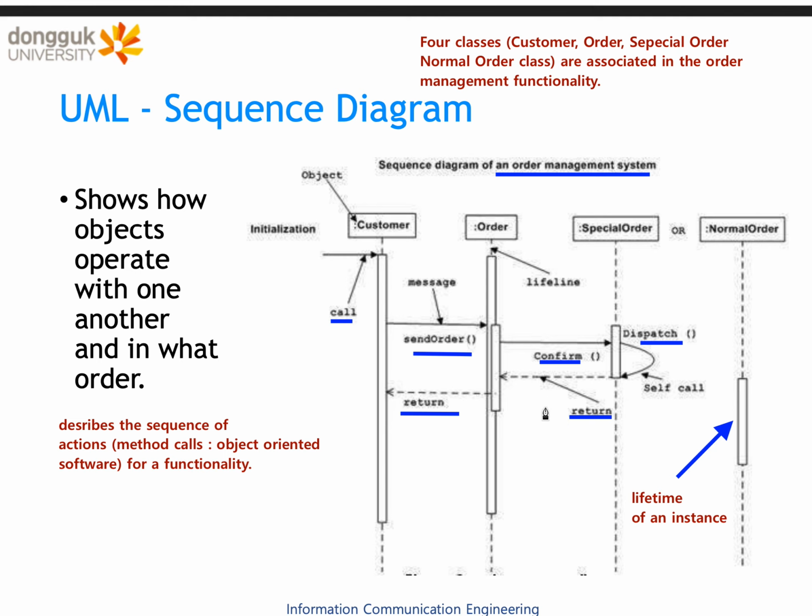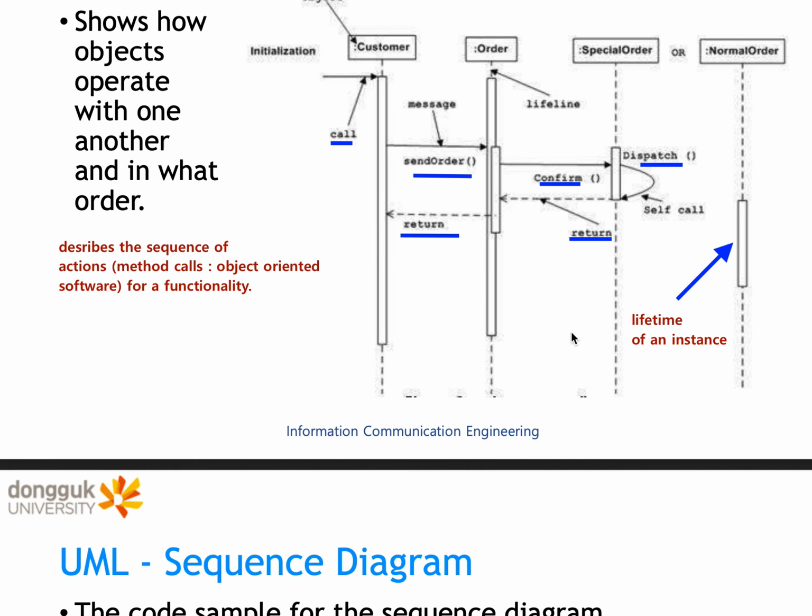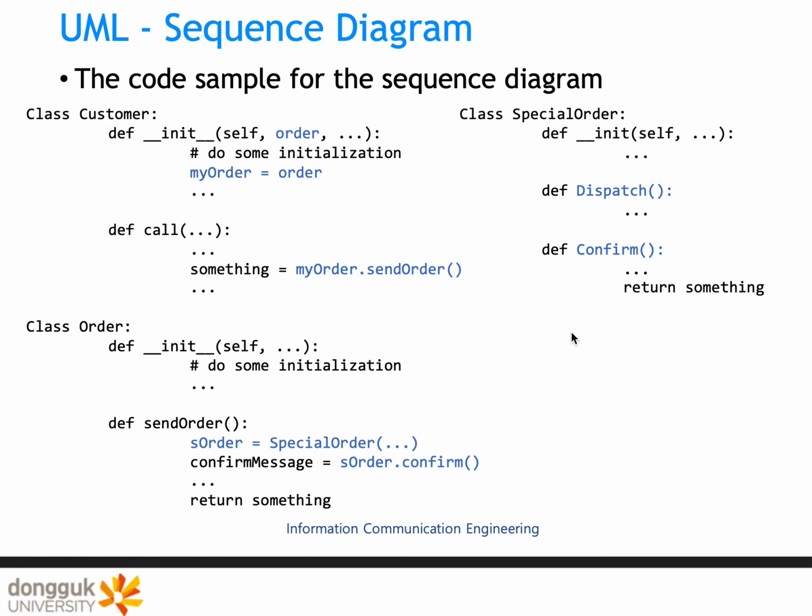All method calls have some kind of return routine. If the return has some kind of message, then you use a solid line with the returned message. But if the method doesn't have any return message, then you can just use the dashed line here. So this is a code sample of the above sequence diagram.